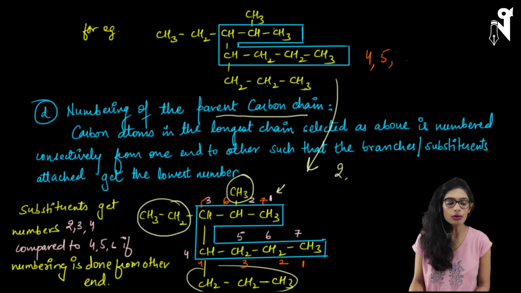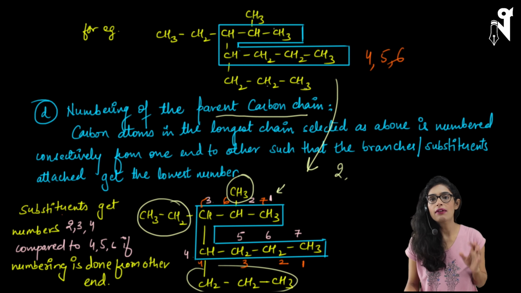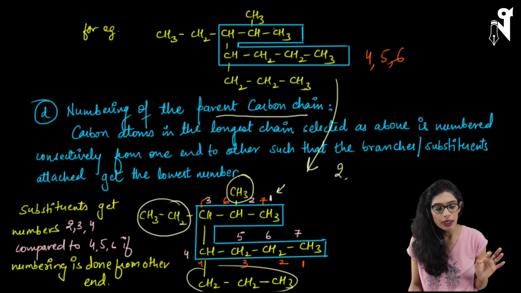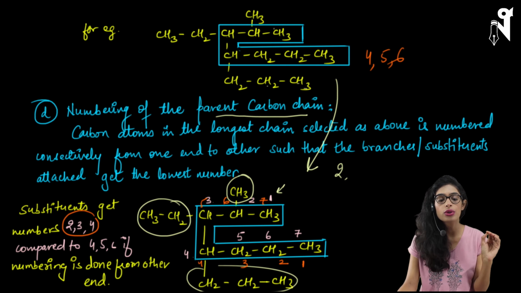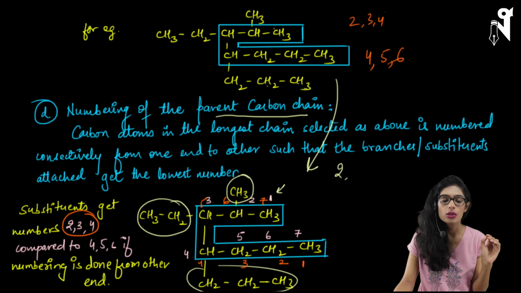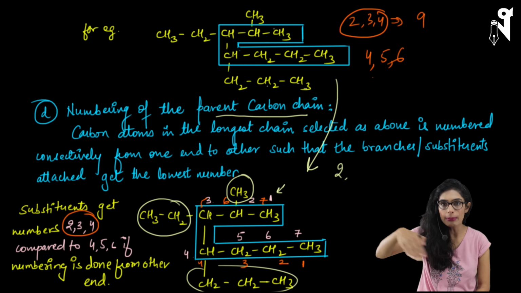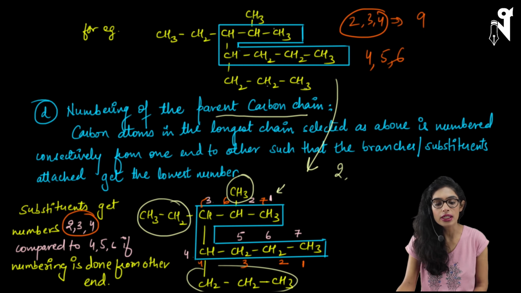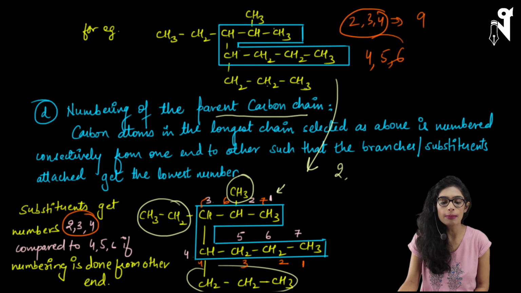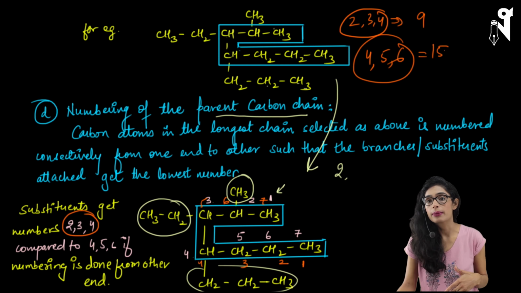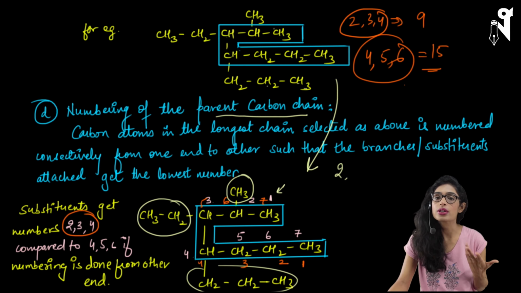So here, we have two sets: one set is 2, 3, 4, and by summing it up, it is 9, and the other set, by numbering the other way, is 4, 5, 6, which sums up to 15.